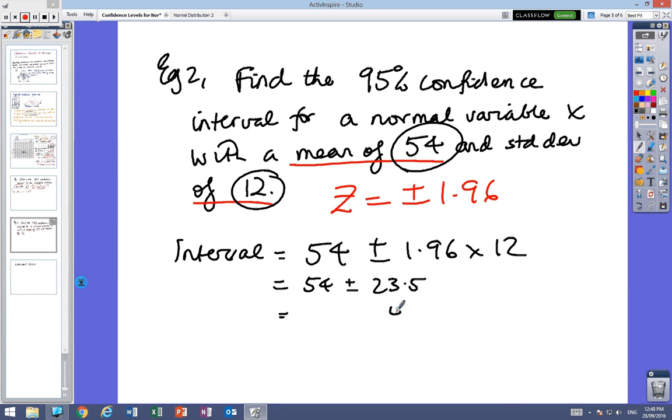So my lower number: 54 minus 23.5, so my interval is 30.5 up to 77.5. So with that interval, I have 95% of my scores. If you fall outside that range, then you are in the top 2.5% or the bottom 2.5%, and that's exceptional. Okay, copy that and come across.